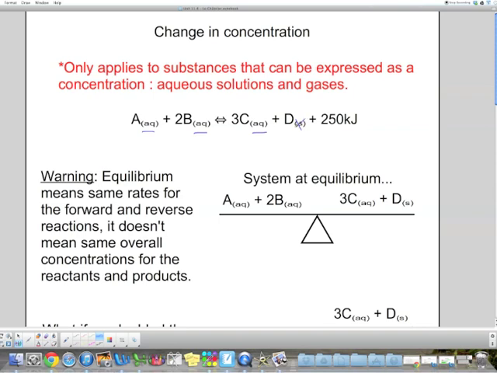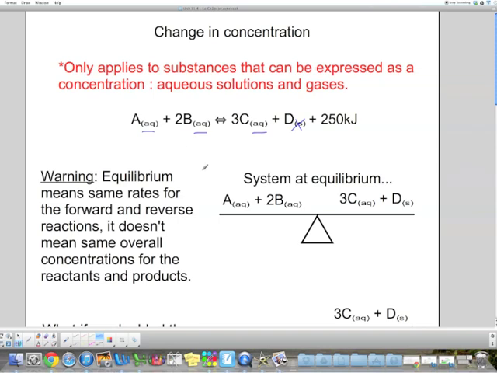It's not that it's not part of the process, but we cannot influence the concentration of a solid because it's pure by definition. It doesn't have a concentration. So I can't play with this one. So I can affect the amount of A, B, or C in my system, in order to force the system to go one way or the other.